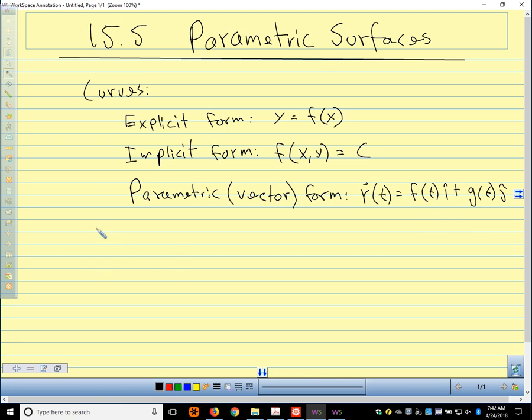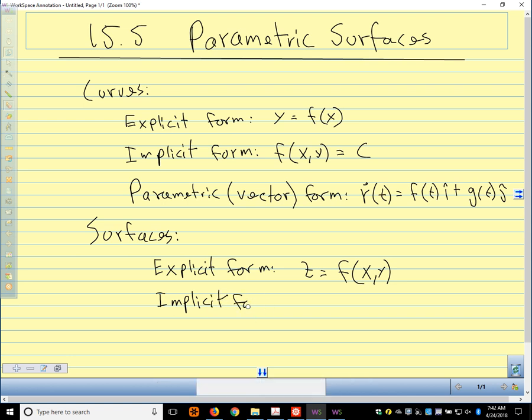We have something similar for surfaces. We have explicit form. Our explicit form for a surface is z equals some function of x, y. And we've worked with the implicit form.